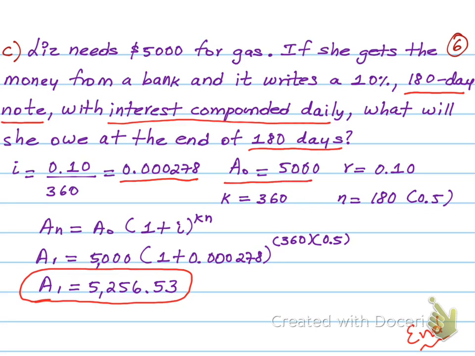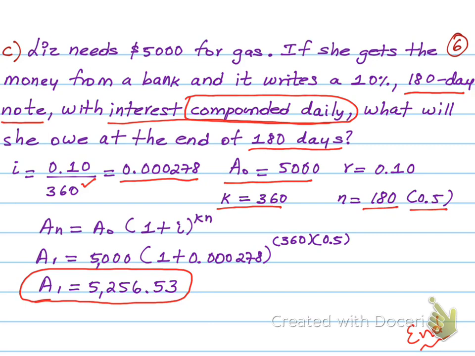The interest rate we know is 10%, so that's why we get 10 over 360, because we want the daily rate, since the problem is asking for daily compounding. K is 360, we're using days, and N is 180 days, so that's half a year.